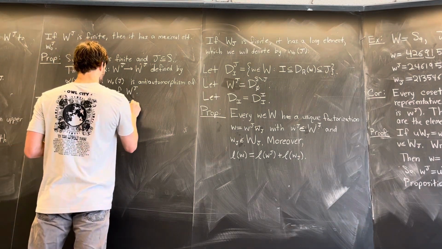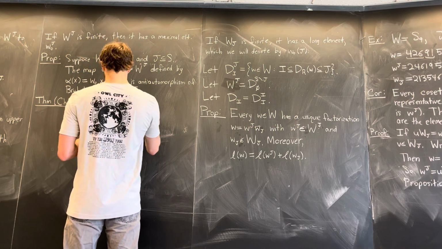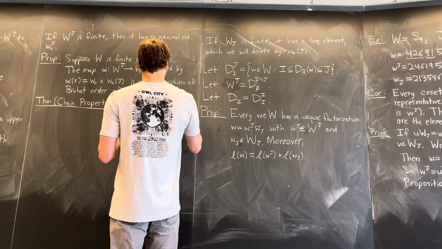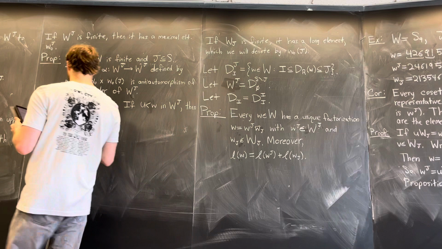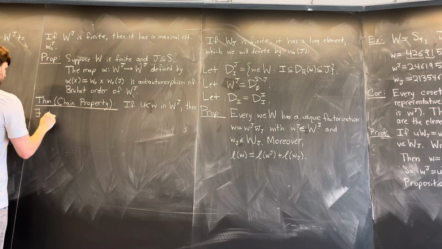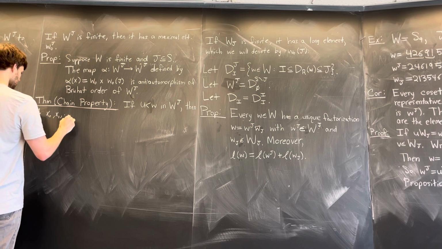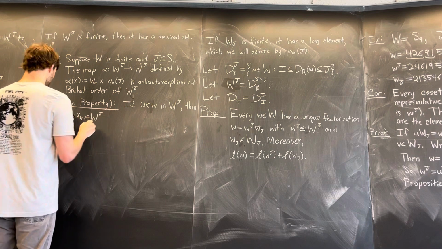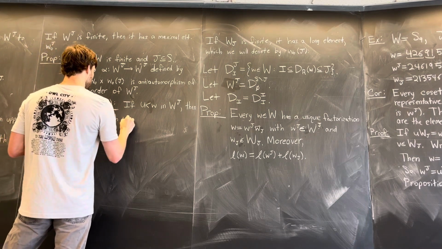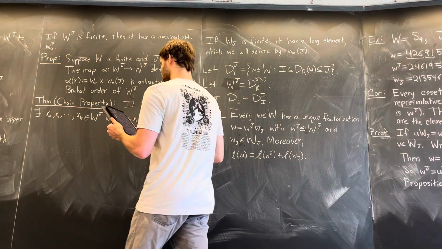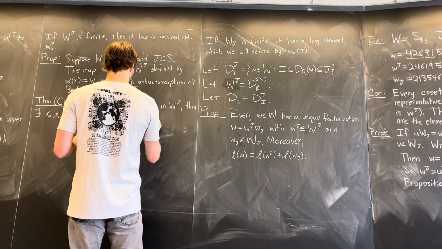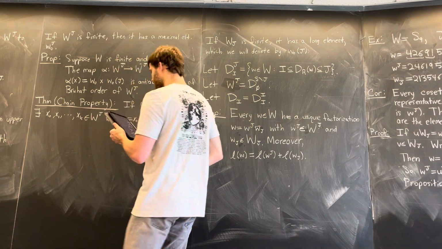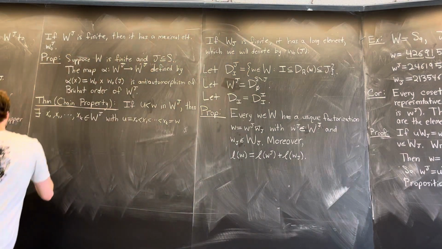So if u is less than w in the parabolic quotient, then there exist x naught, x1, dot, dot, dot, xk in the parabolic quotient with u equals x naught less than x1, less than dot, dot, dot, less than xk. This is w. And the length goes up by 1 at each step of this chain.